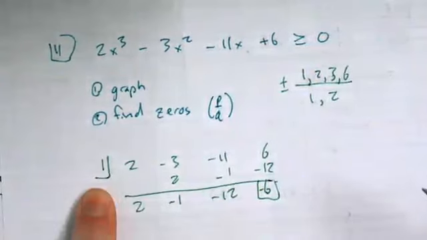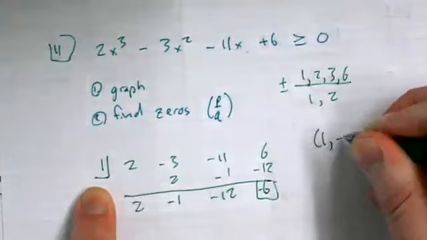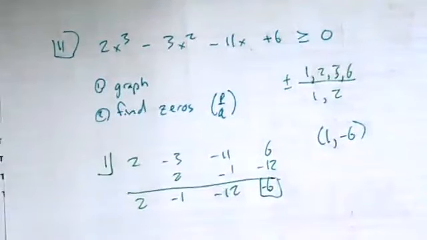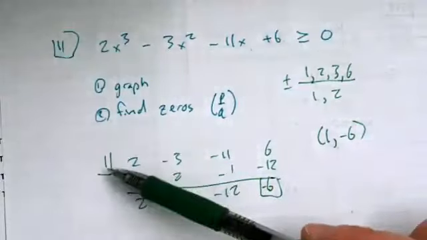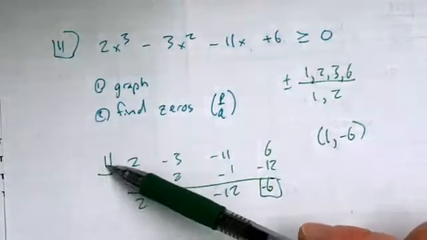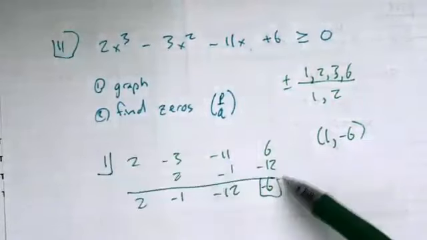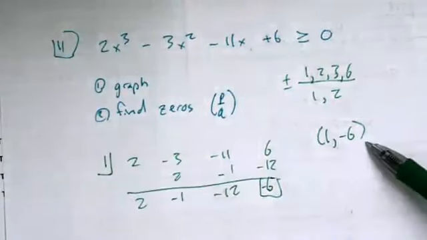Second of all, 1 is not a 0. But what I have found is that the point 1 comma negative 6 is on the graph. Because remember, you can use synthetic division to find the value of the function at this x value. That's what the remainder gives us. So I found that 1 comma negative 6 is on this.